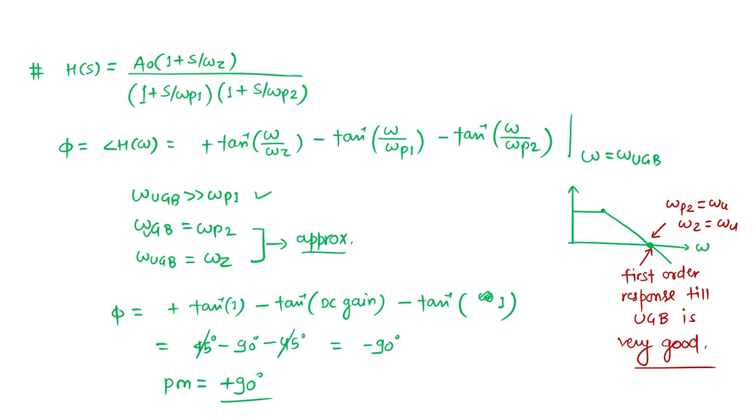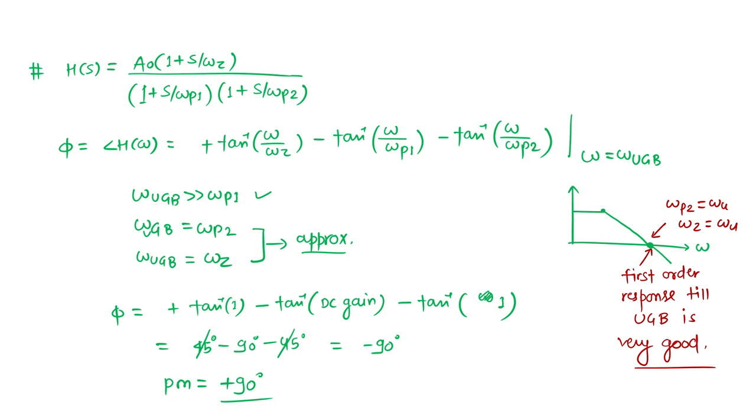Even if the approximation is not till the UGB, at least my system response should be first order around this UGB. Till the UGB being first order is a very good thing. It will give me exactly the ideal response, which is a 90 degree phase margin.